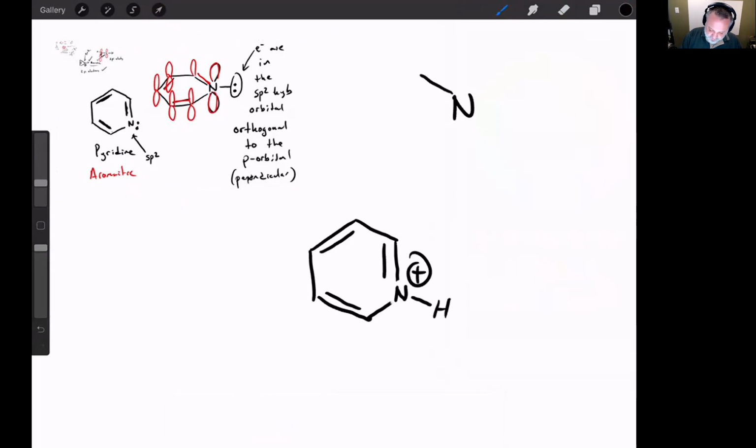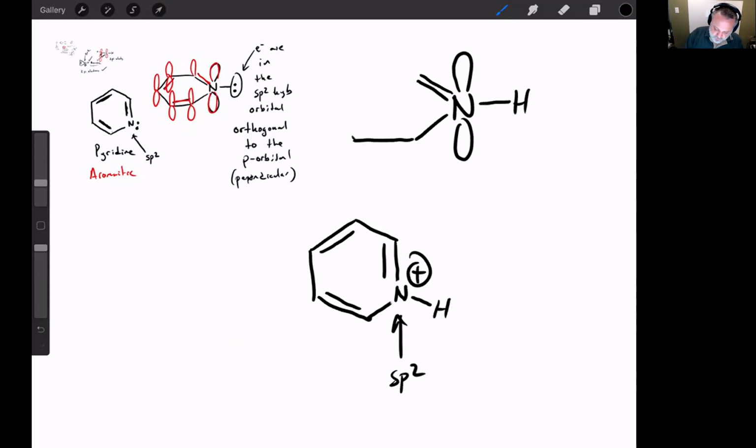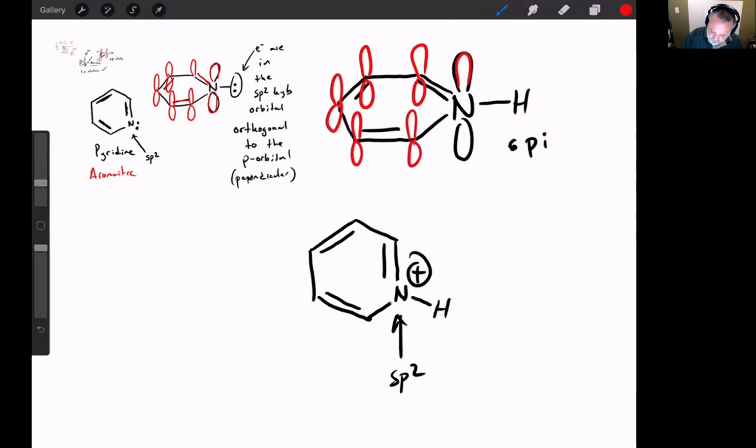Remember, I'm going to have the double bond going out this way, the single bond going out this way. It's still sp2 hybridized. The hydrogen bond is in the hybrid orbital. I still have 6 pi electrons. It's still an overlapping set of unhybridized p orbitals in a ring. And so it too is aromatic.